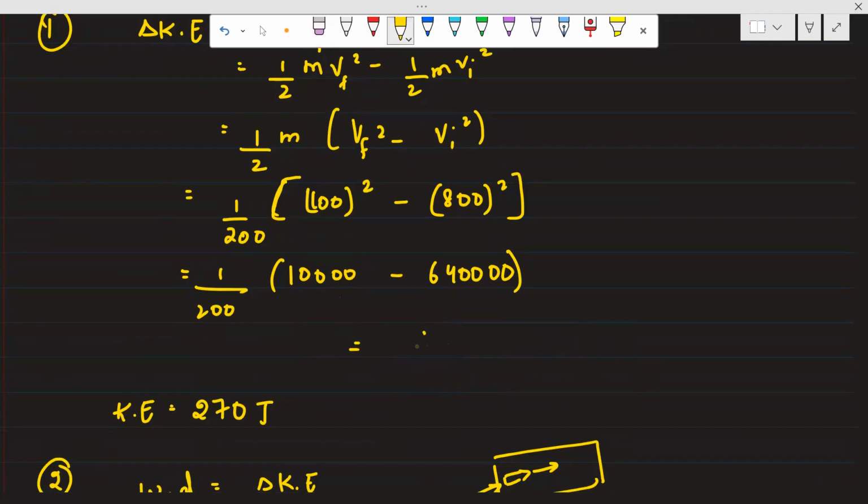This will be 63 minus only, and that would give 4 zeros, right? Divided by 200. Now see, this way 2 zeros will be cancelled.